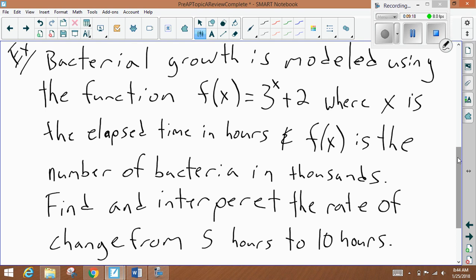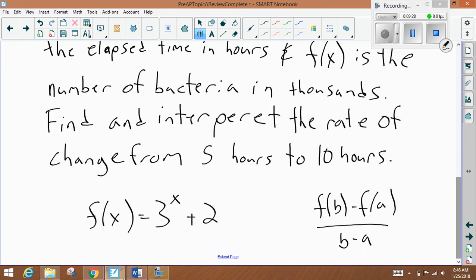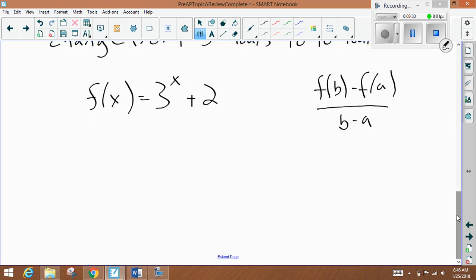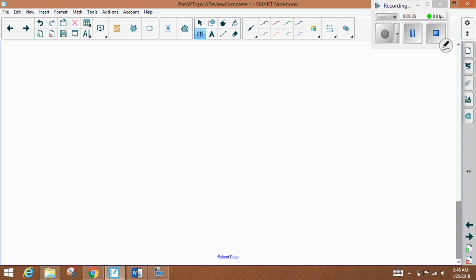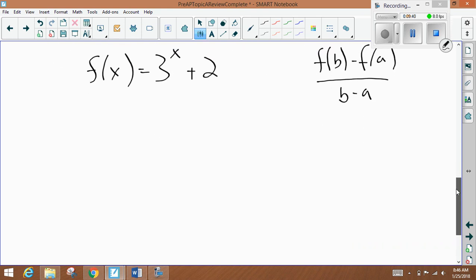How shall we do this? Using our rate of change formula. So, oh, that's right, there's our function. There's our formula. We're going to look at it from 5 hours to 10 hours, right? And so in other words, A is 5 and B is 10, right? Then f of B is f of 10.